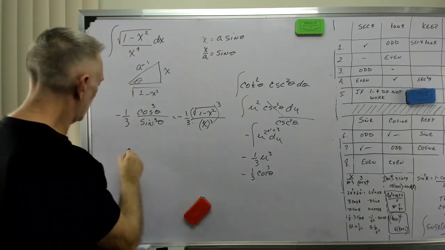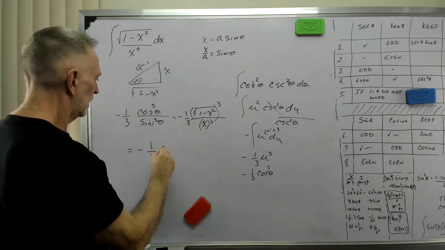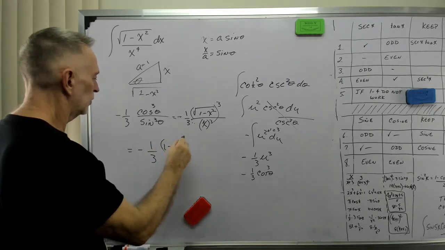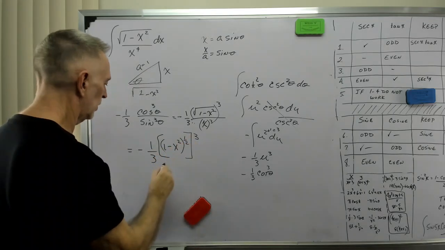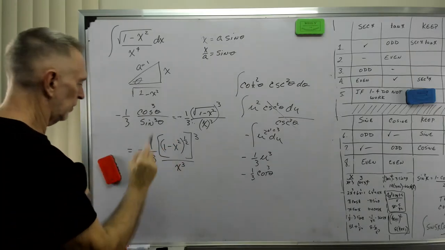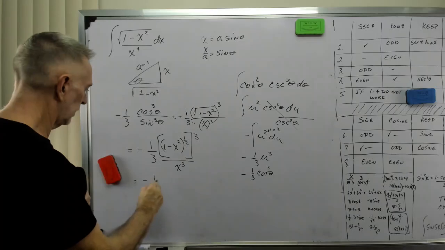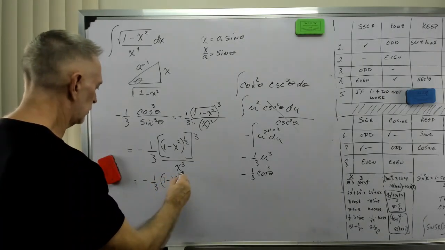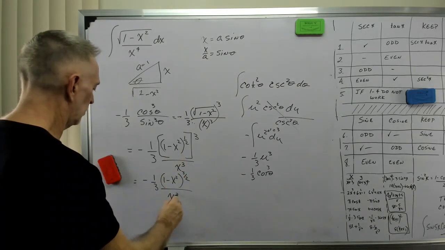Now you can rewrite that as minus 1/3 times 1 minus x squared to the 1/2, cubed, over x cubed. And we can simplify that a little bit more: minus 1/3 times parentheses 1 minus x squared to the 3/2 divided by x cubed.